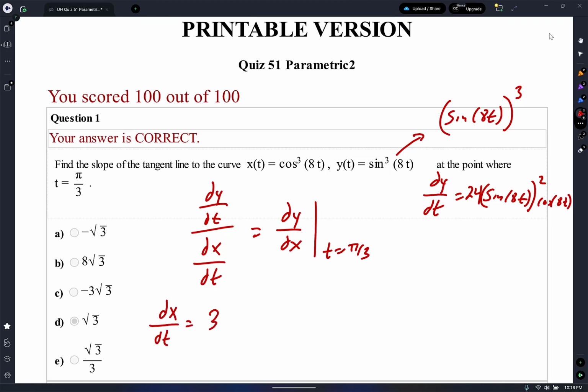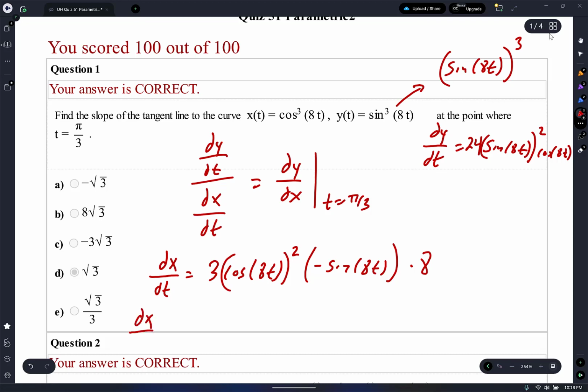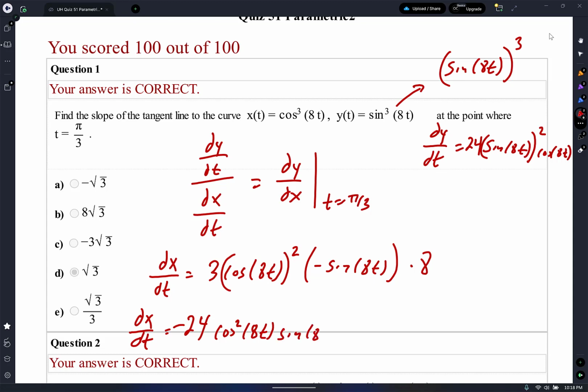All right, and now dx/dt, right here, same thing, 3 cosine 8t squared, and the derivative of cosine is negative sine of 8t, and then times 8, so dx/dt is 8, 16, 24, negative cosine squared of 8t, sine of 8t.